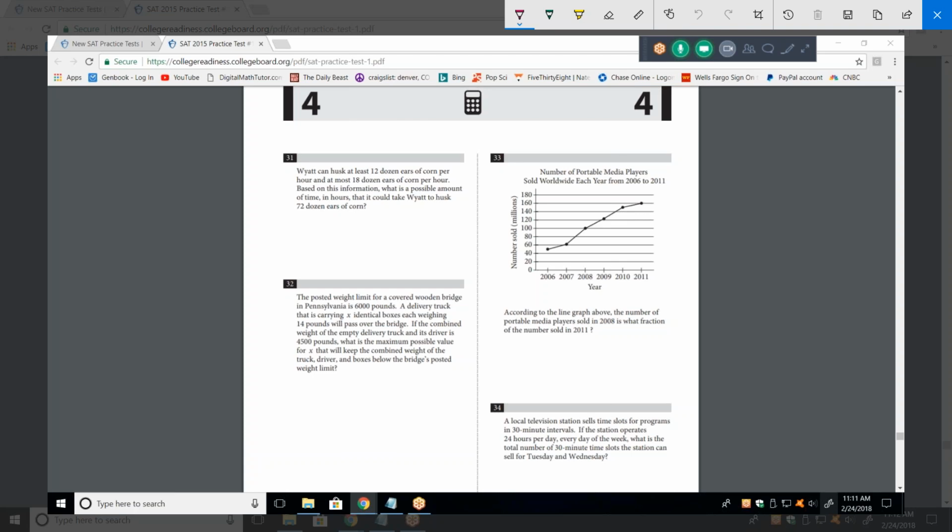Okay. So, first of all, look at the question. What is a possible amount? So we must have multiple answers here. All we've got to do is find one. Okay. Well, he can do 12 dozen ears of corn per hour. How long is it going to take him to do 72 dozen? You can use your calculator.